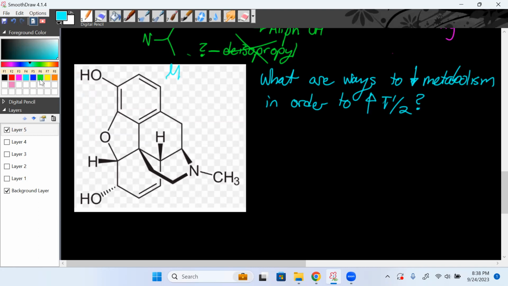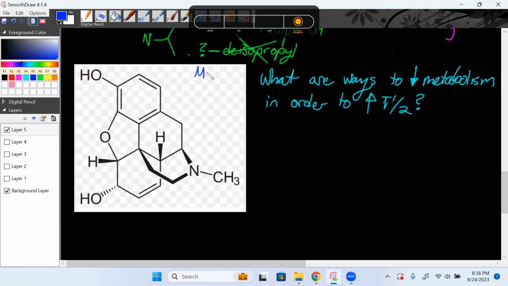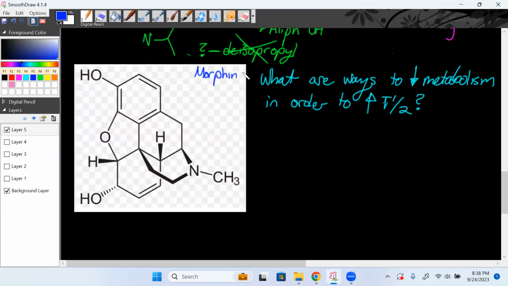So here we have morphine. What would be some modifications we could make to morphine in order to prevent potential metabolic pathways?